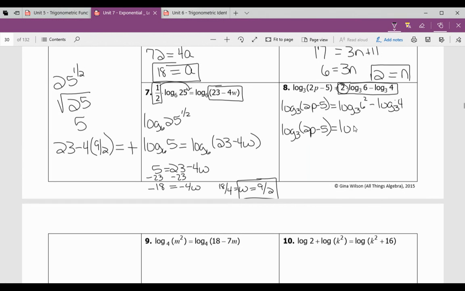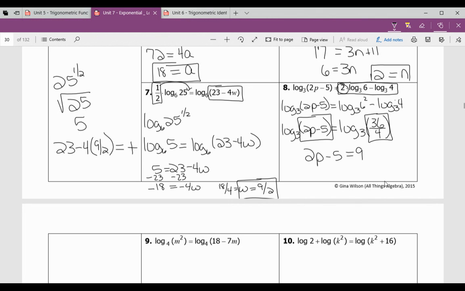So I'm going to write 1 log base 3 with a fraction behind it. 6 squared, which is 36 over 4. So I am ready to take this value, set it equal to this one. So 2p minus 5 equals 9.